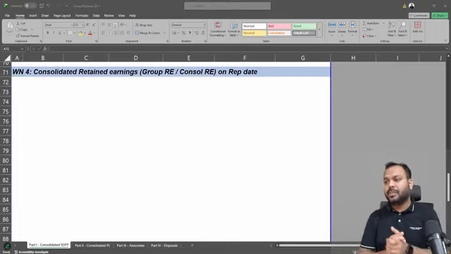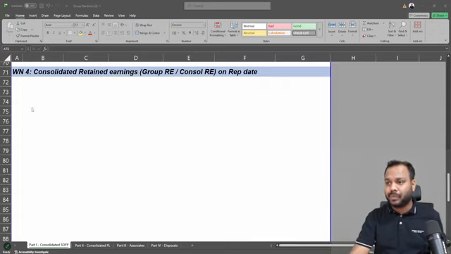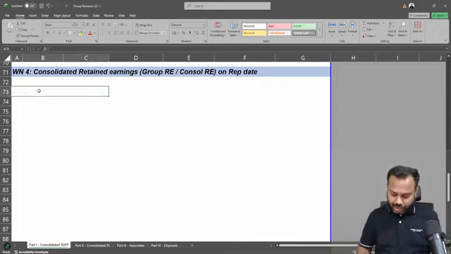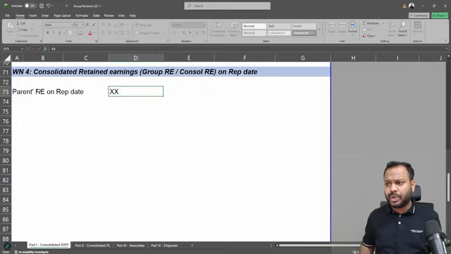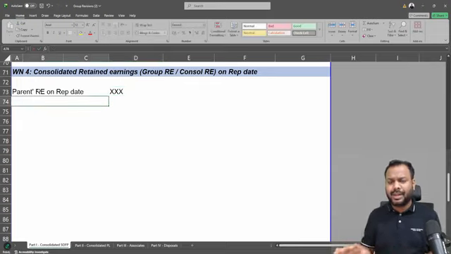Let us prepare consol RE now. First of all, as part of consol RE, we take parent's RE on reporting date. What is the balance of parent's RE on reporting date? We take that figure directly, no adjustment.